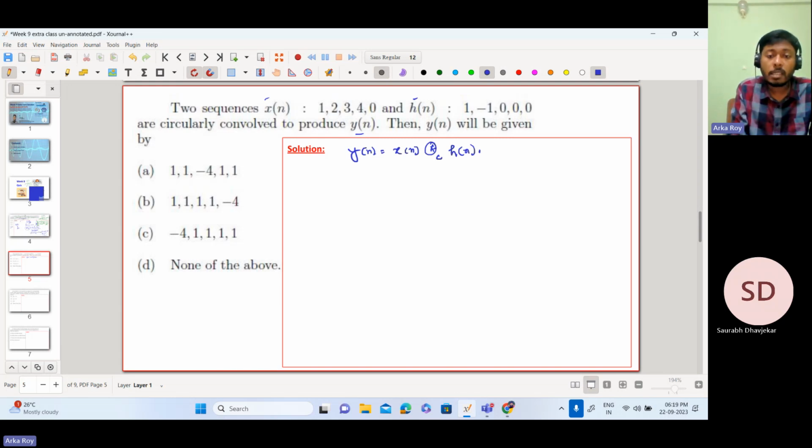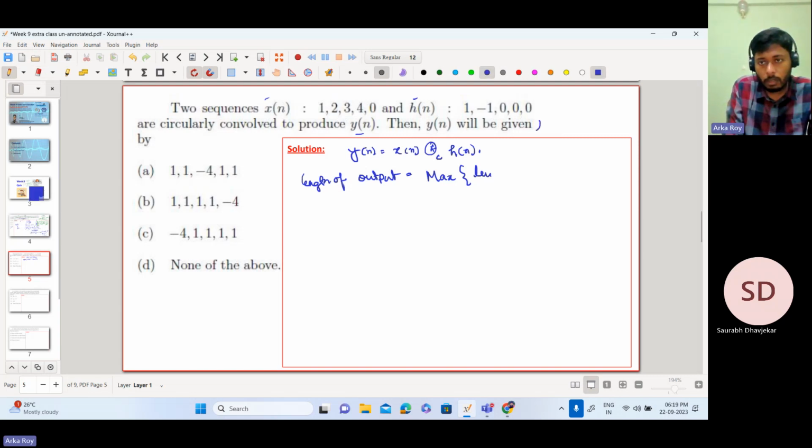Circular convolution has another property: the length of the output is equal to the maximum of the lengths of the operands.